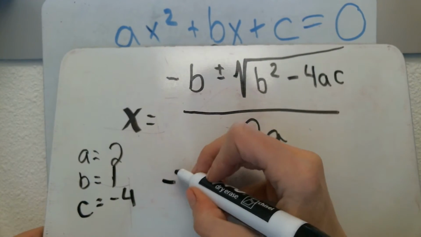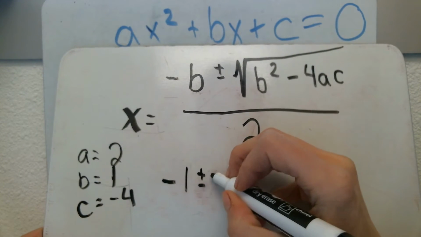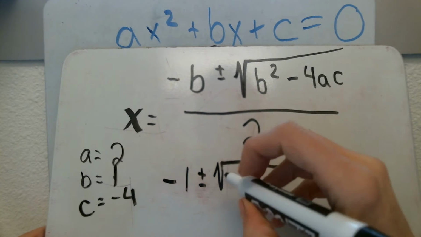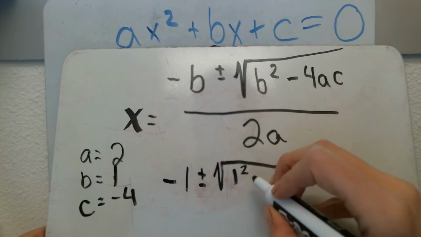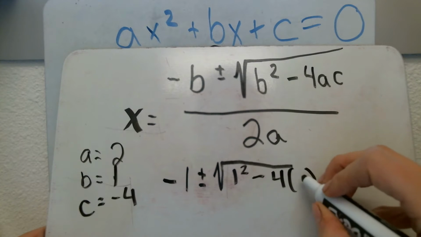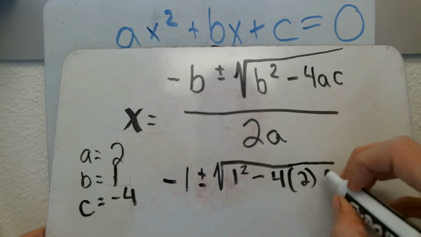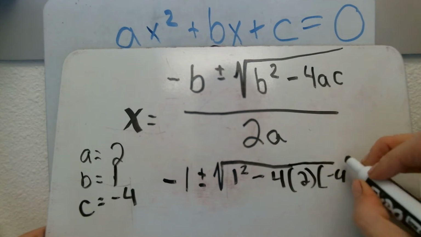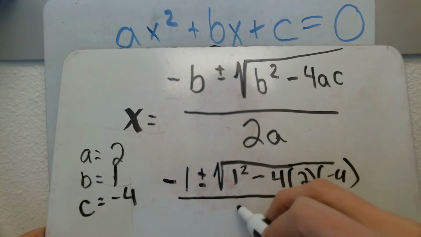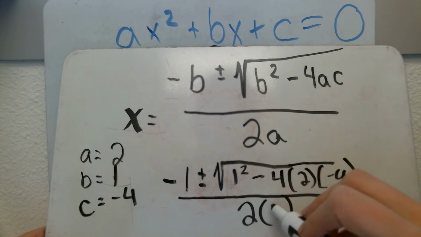So I'm going to have negative 1 plus or minus the square root, and now I just have regular b. So I'm going to have 1 squared minus 4 times a times c, all divided by 2 times a.